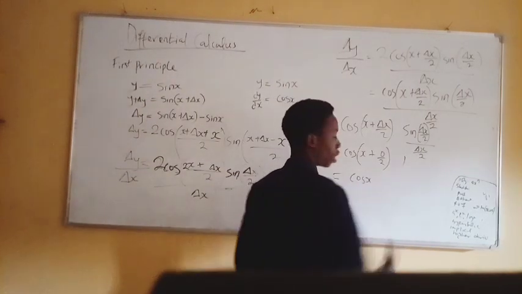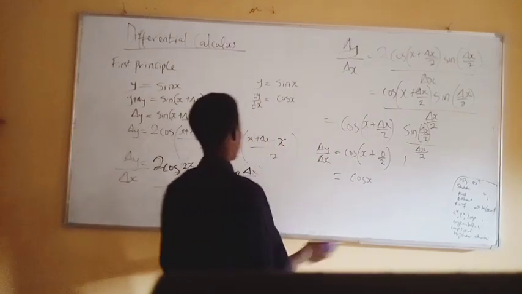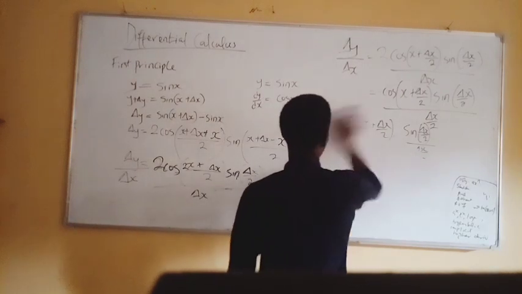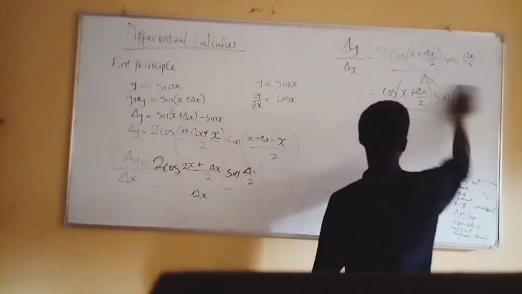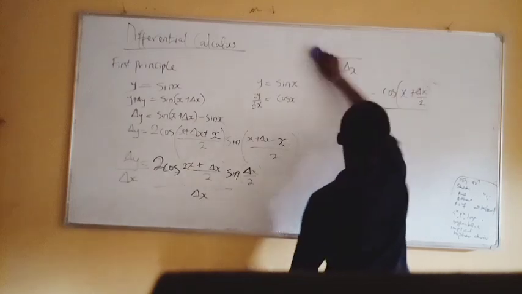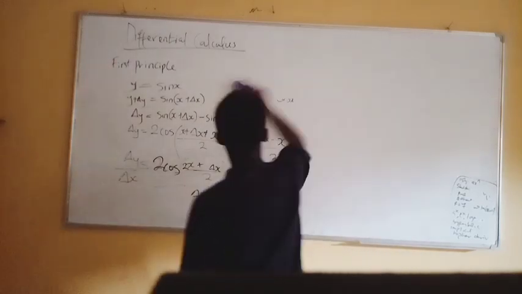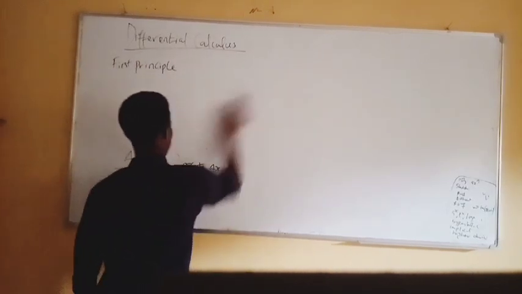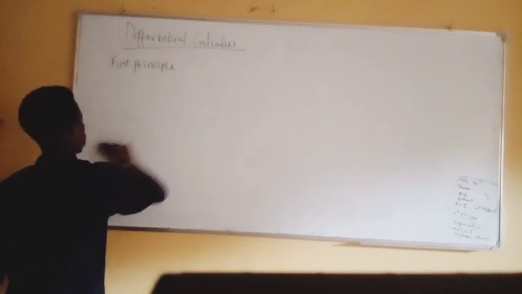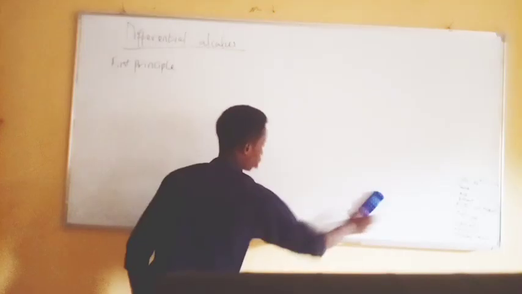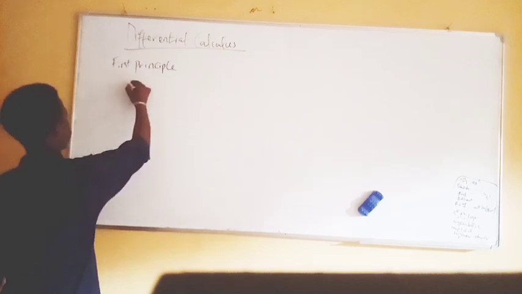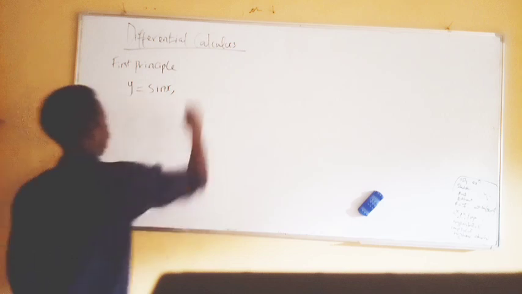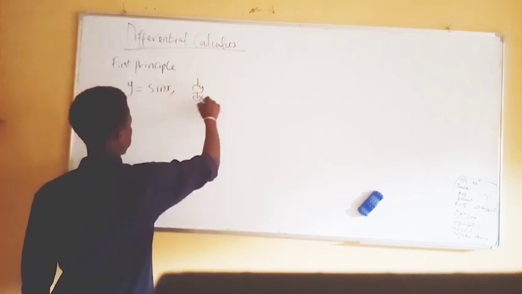So I will write out other standard derivatives that we all have to memorize, because most of them have to be memorized when we are going further into differentiation. If y is equal to sin x, our dy/dx gives us what?